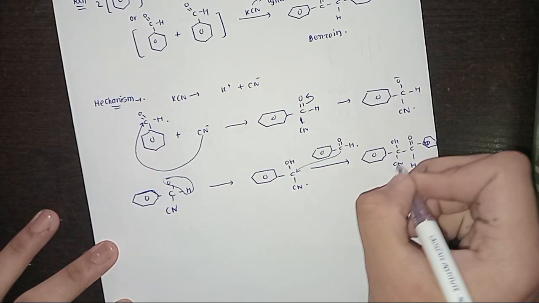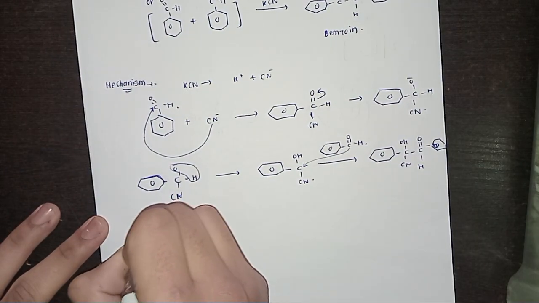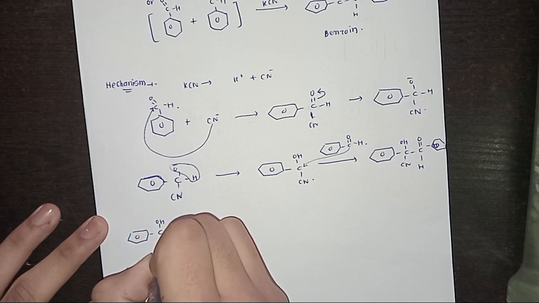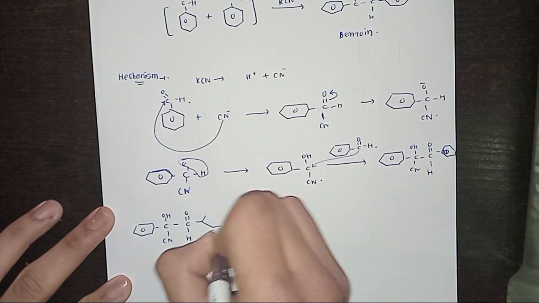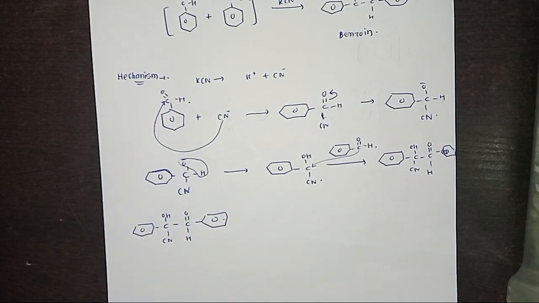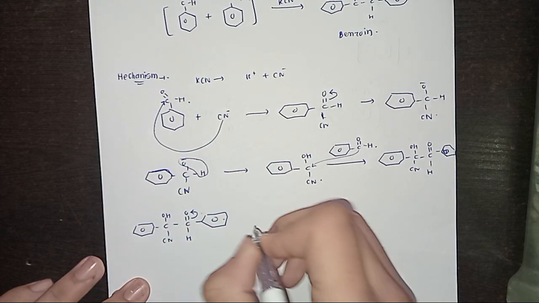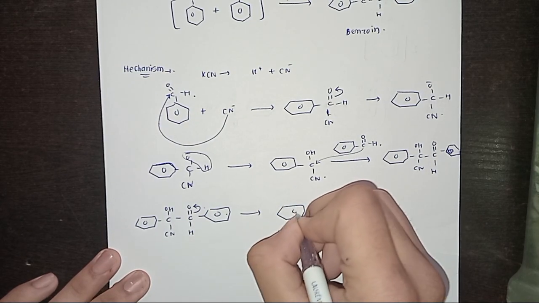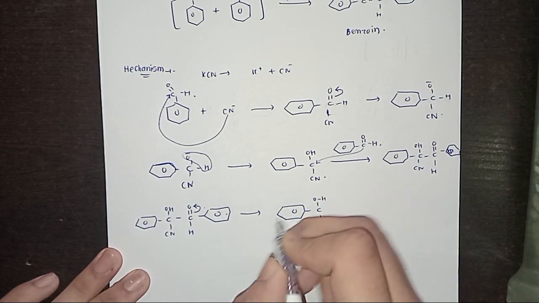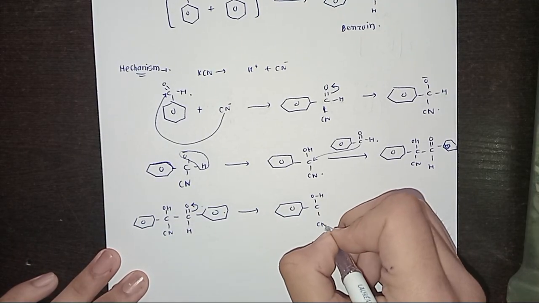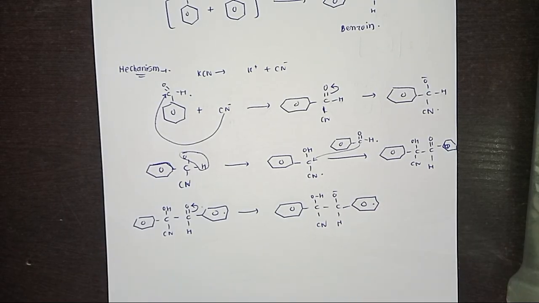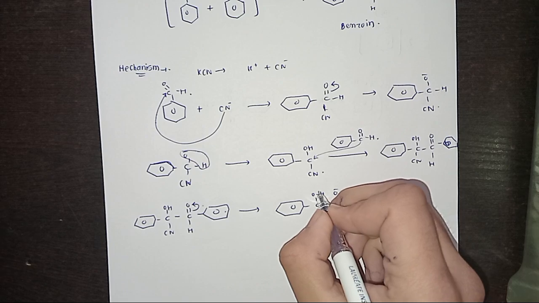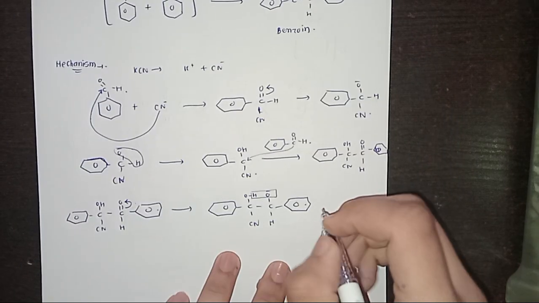Now this double bond will shift towards the upper side, and we will write OH like this in the open structure, and O negative and H. And now this H will bond with the O, and OH will form.